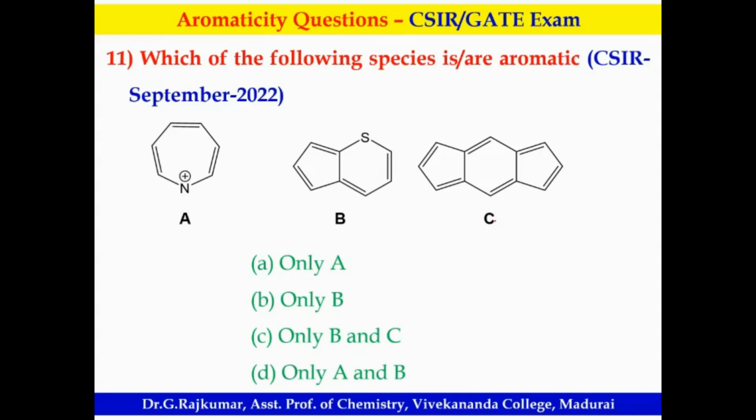Option D, only A and B. Only B and C. So identify the number of pi electrons in C. How many pi electrons are involved in delocalization? 3, 4, 5, 6. 12 pi electrons, so it obeys the 4n pi electron rule.